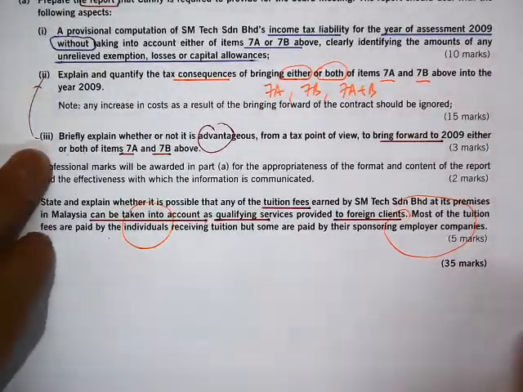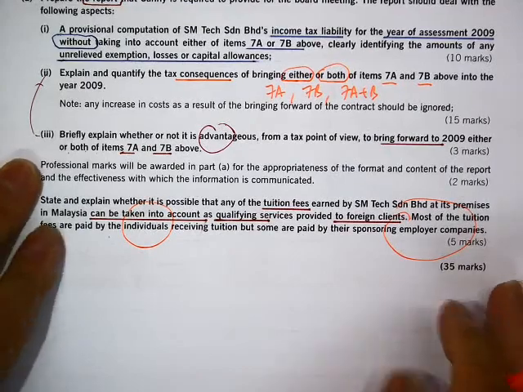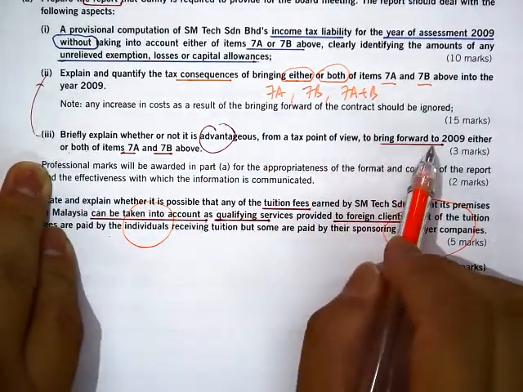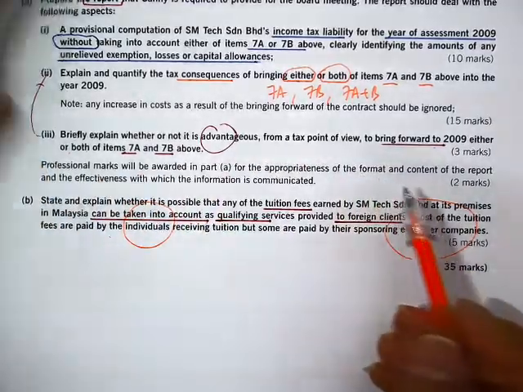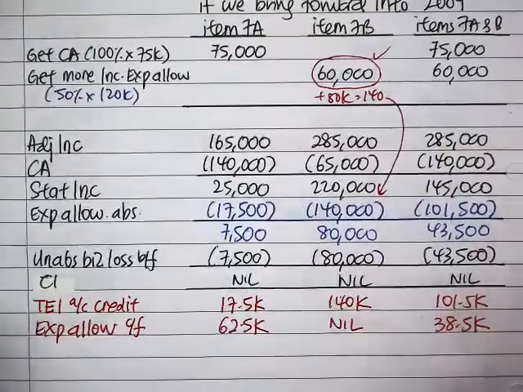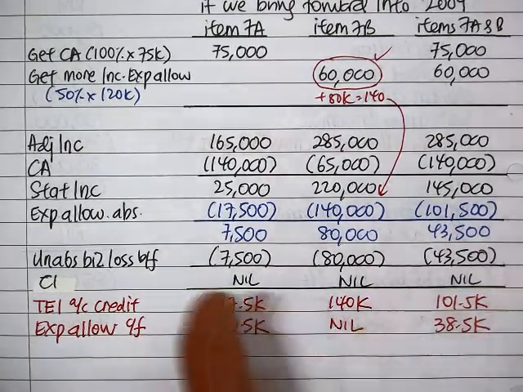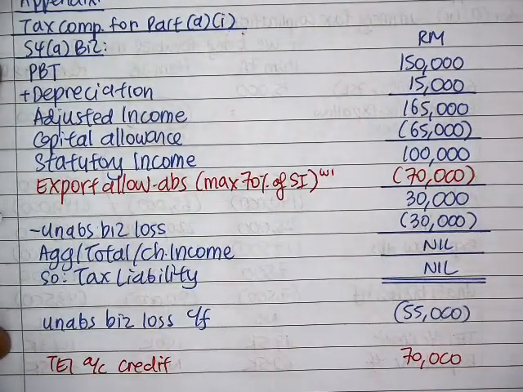Now then they ask you to comment in number 3. Do you feel that it is more advantageous or not to bring forward either or both? Do you think that any of the 3 numbers that we see here will be better compared with what we see here?